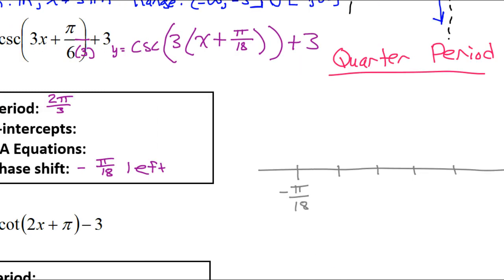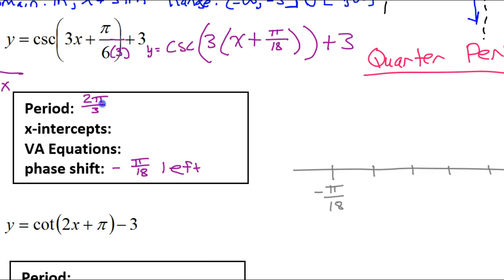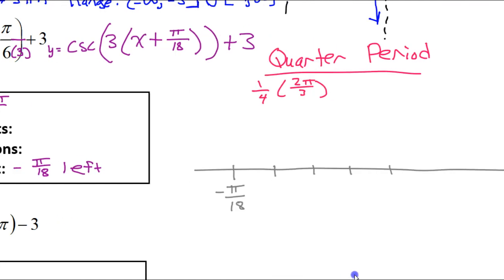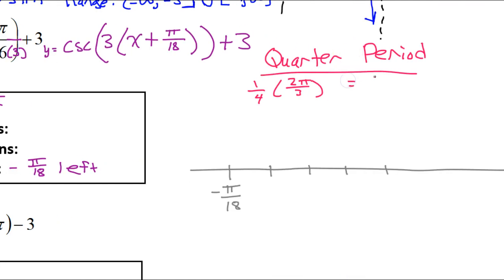Well, in this case, the period was 2 pi over 3. So a quarter period should be 1/4 of 2 pi over 3. Well, wouldn't that just be 2 pi over 12?